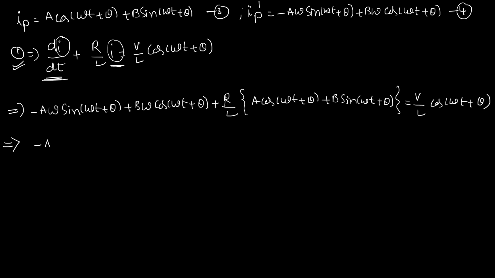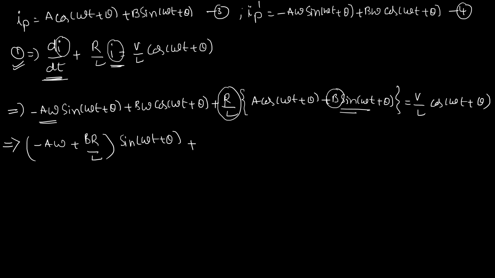If we separate, we get −Aω from this term, and here we have the sine term, which is B into R/L, so plus BR/L. This is the coefficient for sin(ωt + θ).